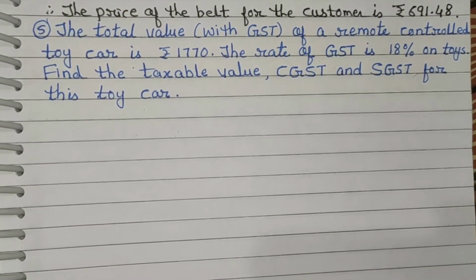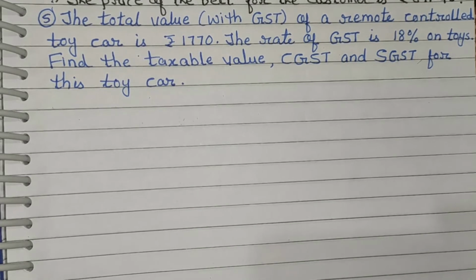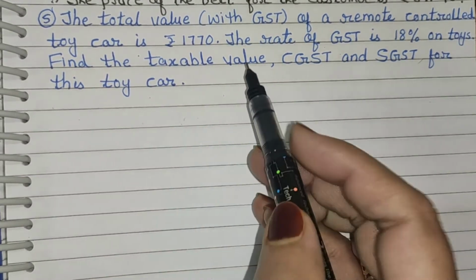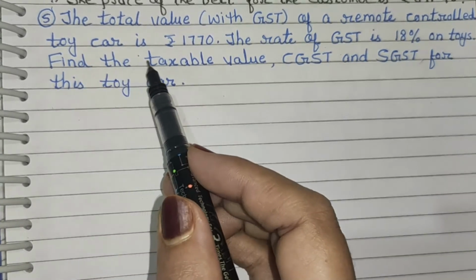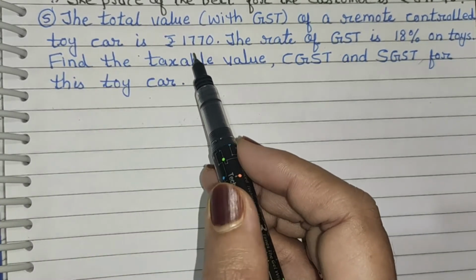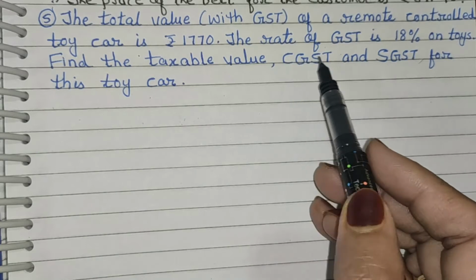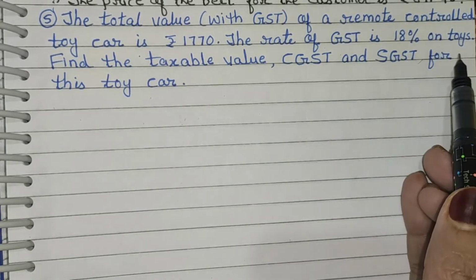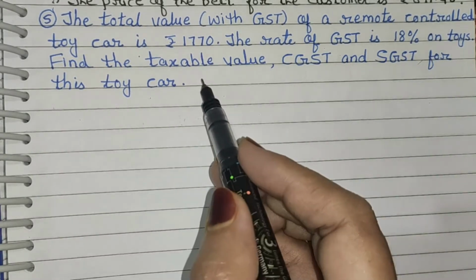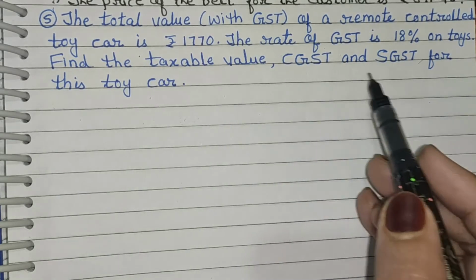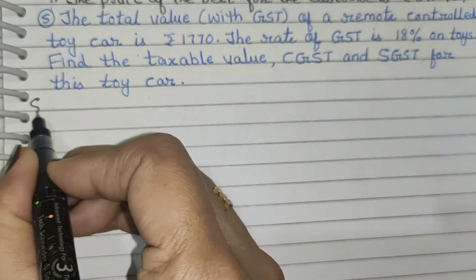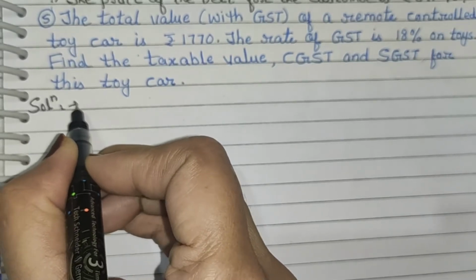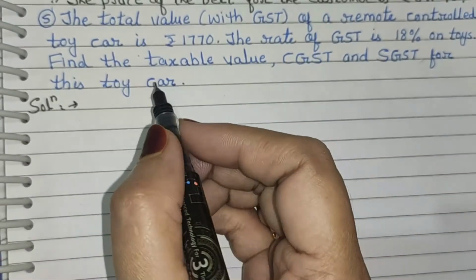Now next question is, the total value with GST of a remote controlled toy car is rupees 1770. The rate of GST is 18% on toys. Find the taxable value, CGST and SGST for this toy car. Solution. Now what is given in the problem?